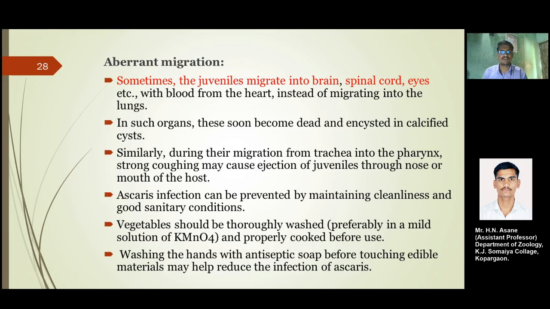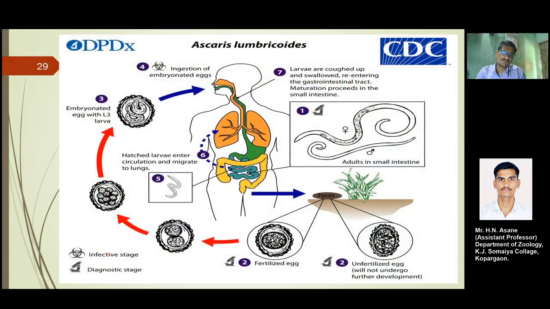So these numbers are reduced by taking care. Likewise, this care should be taken with Ascaris and other parasitic infections. So this will be the explanation of the life cycle again.